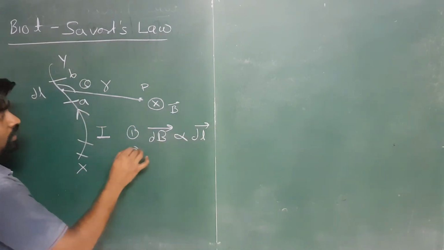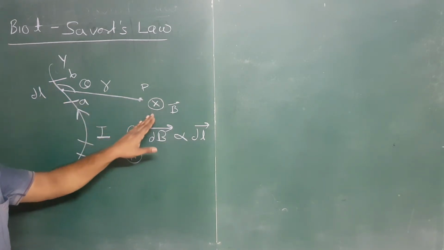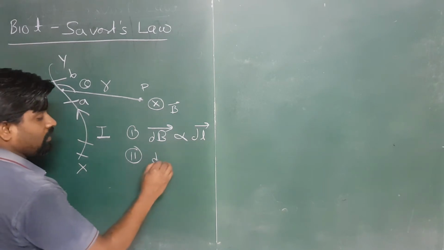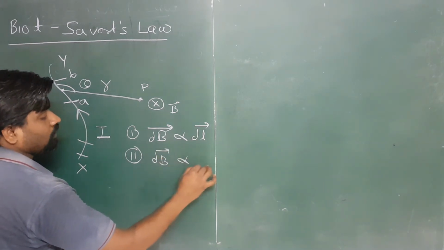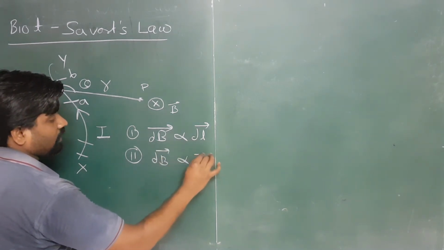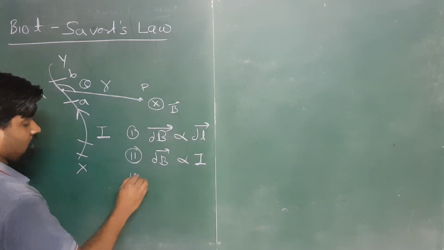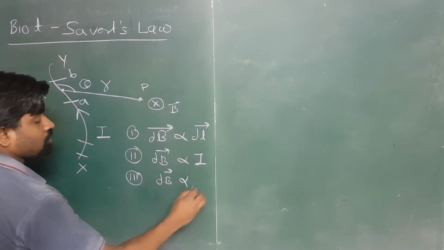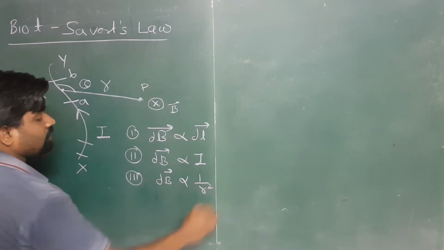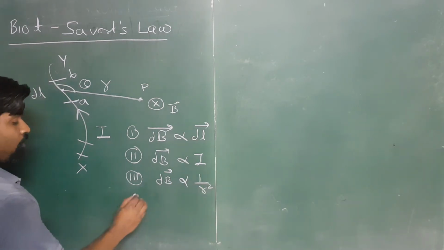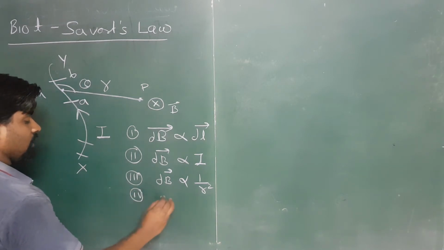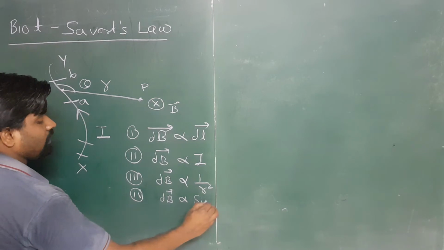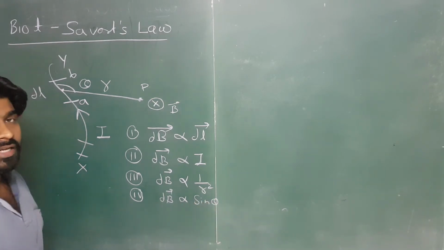Point number 2, the magnetic field produced at point P also depends on the current, so dB is directly proportional to the current I. Point number 3, dB is inversely proportional to the square of the distance. And point number 4, dB is directly proportional to sine of the angle, sine theta.